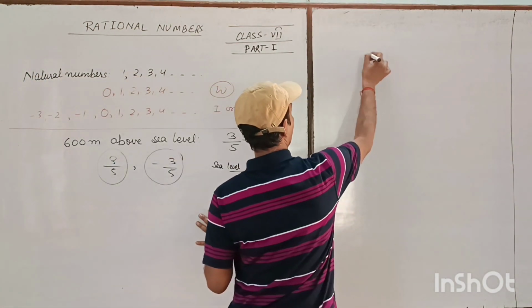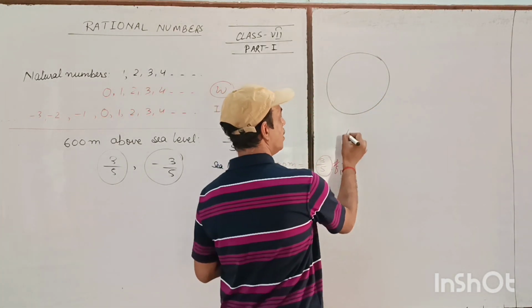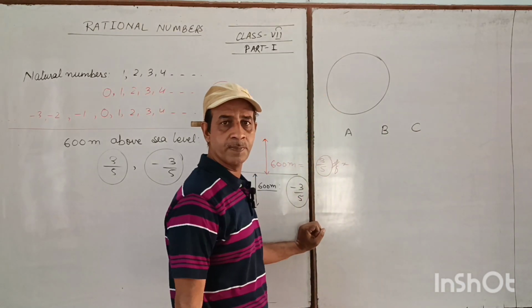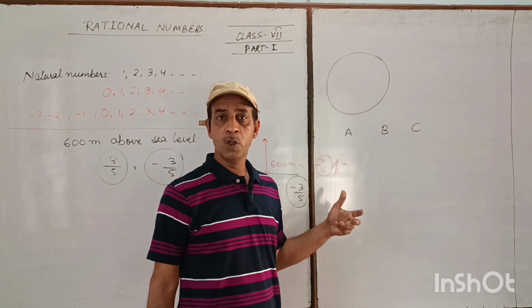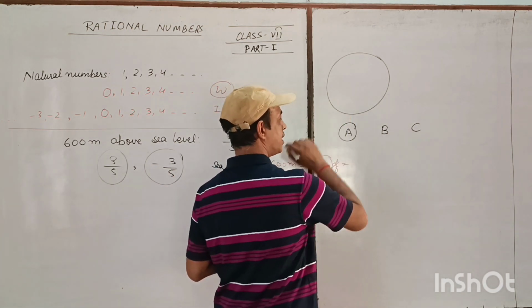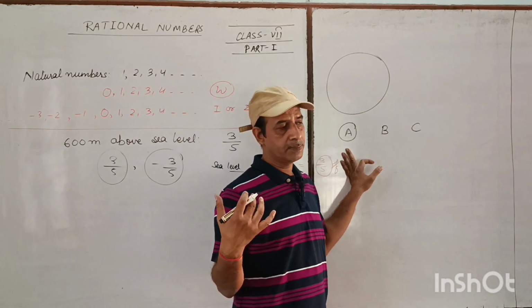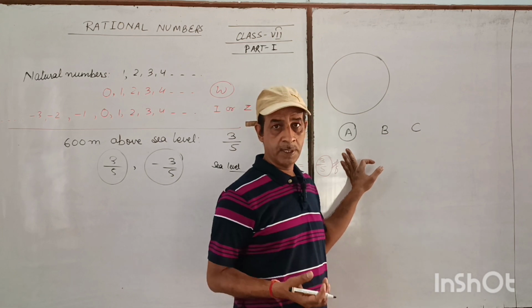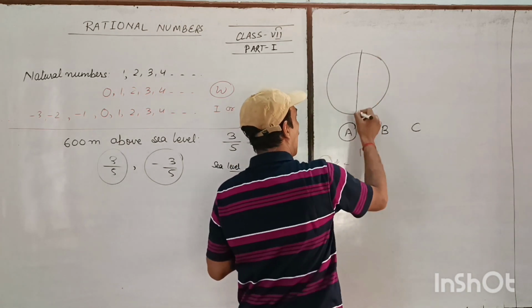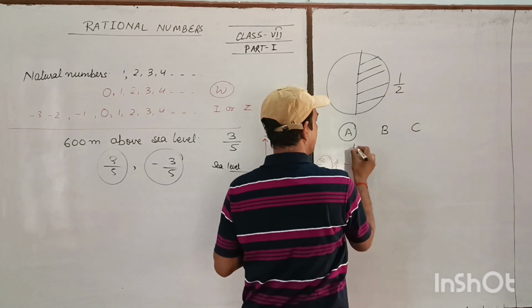Say a farmer has a piece of land and he needs to divide this piece of land between his three sons, say A, B and C. In this case what can be done? Say the farmer loves his eldest son, who is very obedient to him, so he gives half of his land to his eldest son.